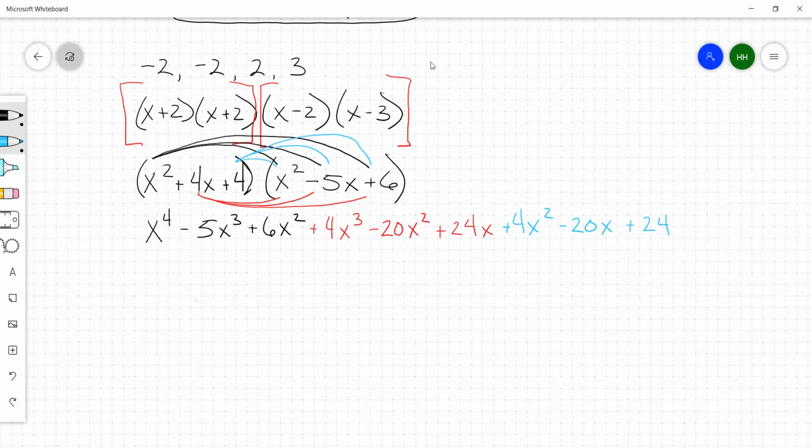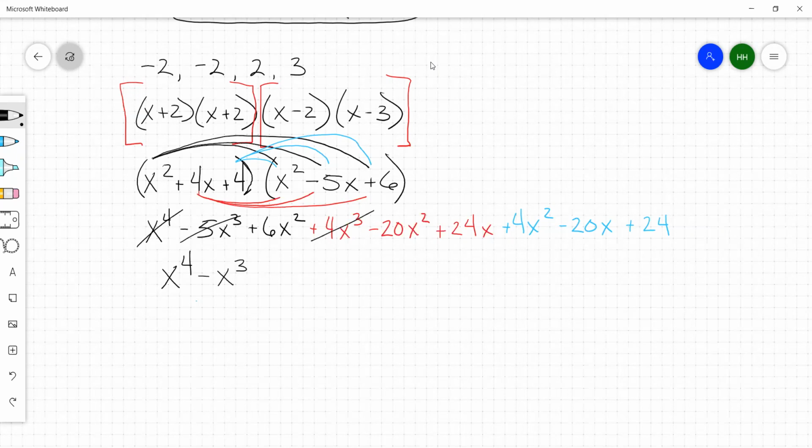And now you've got to combine like terms. So I'm scanning through here. I've only got one exponent to the 4th power, so it drops down. What I like to do is scratch it out so I don't look at it again. Then I've got an x to the 3rd here and another x to the 3rd here. So I've got -5x to the 3rd and a +4x to the 3rd. So that's -x to the 3rd. Then I scratch them out.